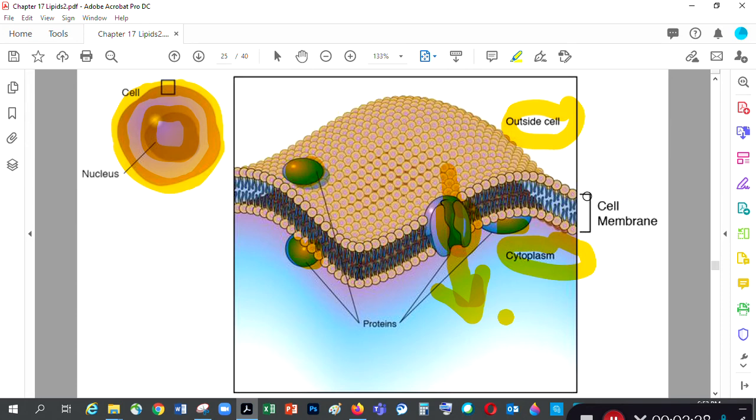And this is the cell membrane here, two layers. It's just like a belt outside the cell, protecting the inside of the cell from outside, correct? And outside the nucleus we have the cytoplasm here.